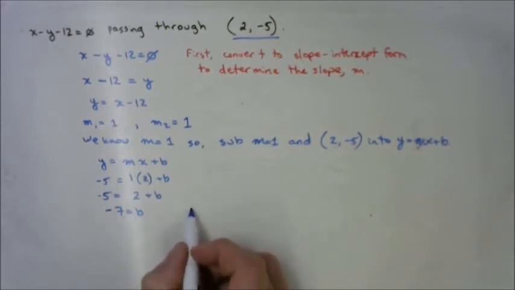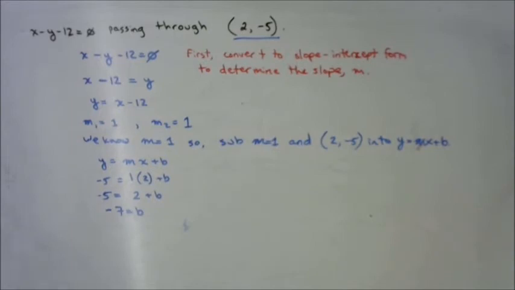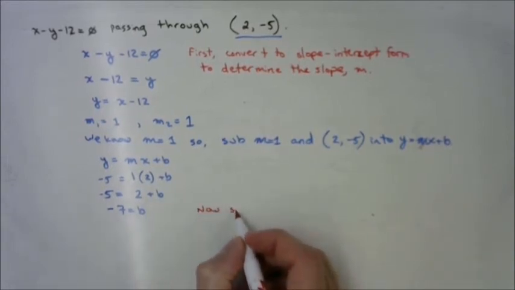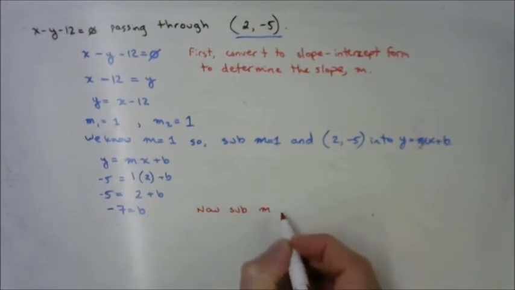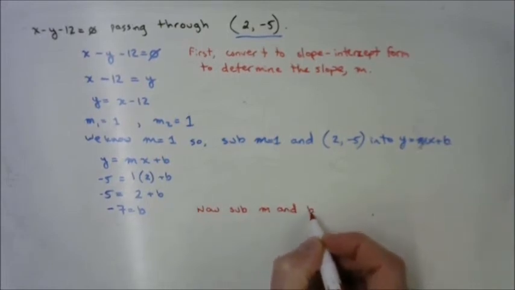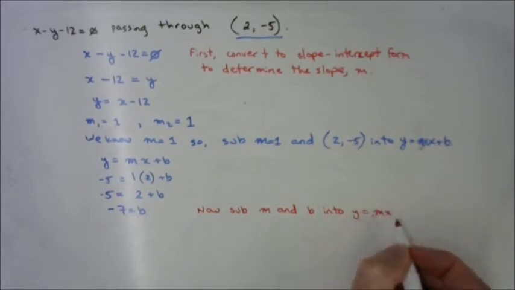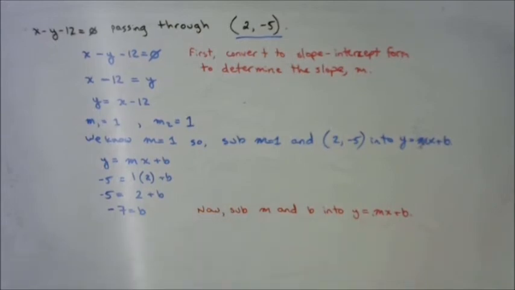Now sub m and b into y equals mx plus b. And then we're done. The slope is 1, which I can just leave out. So y equals x minus 7.